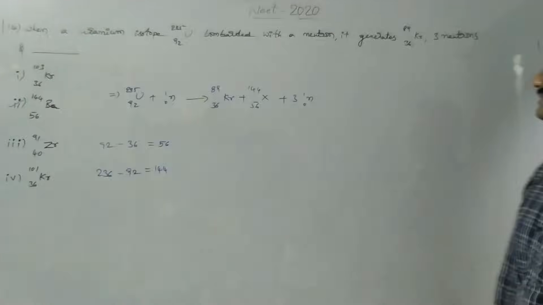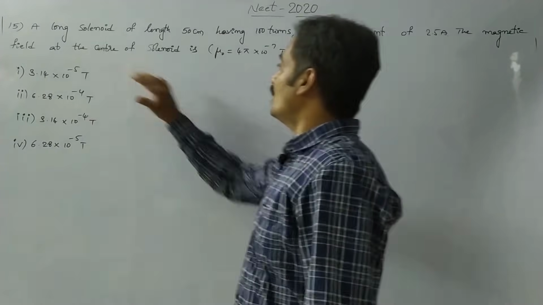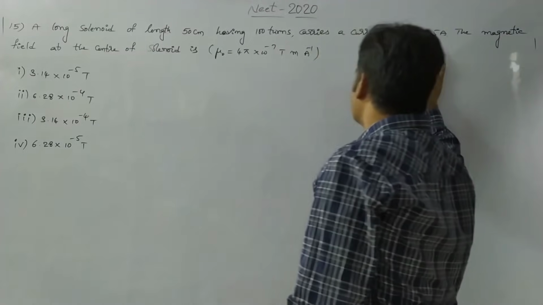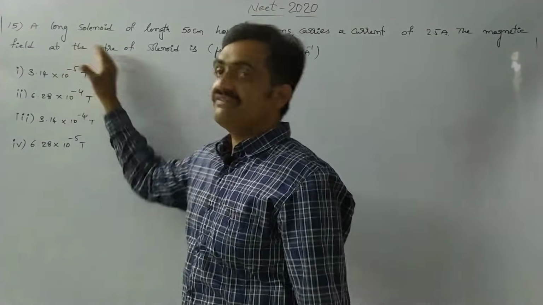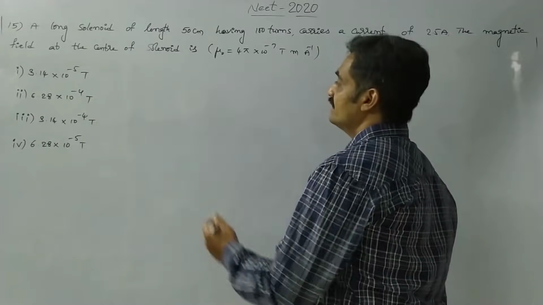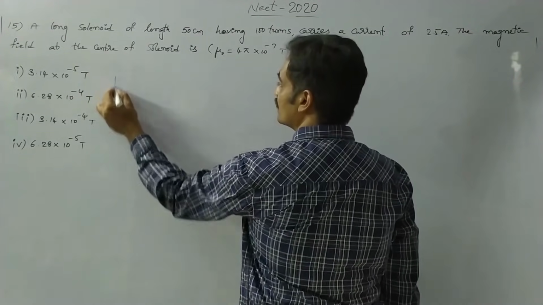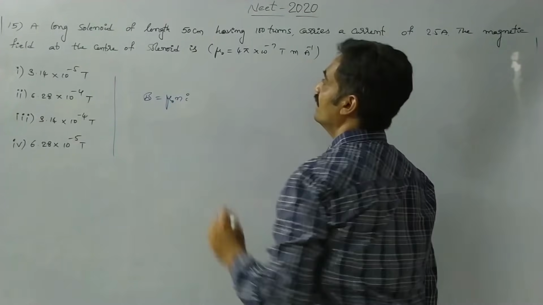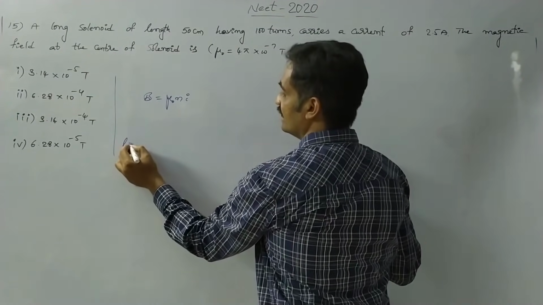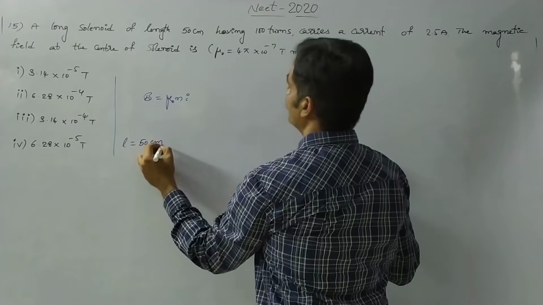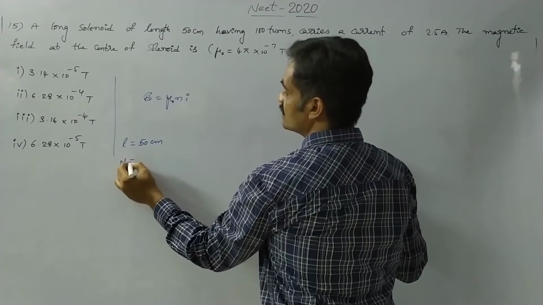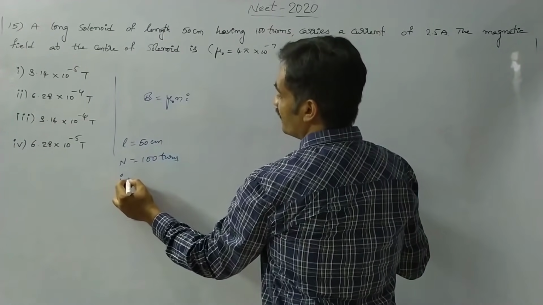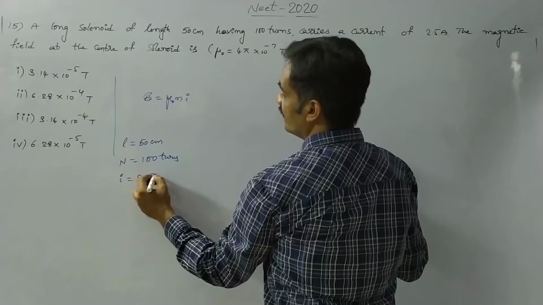We will continue. The next question is: a long solenoid of length 50 cm having 100 turns carries a current of 2.5 ampere. The magnetic field at the center of the solenoid is. Here the magnetic field at the center of the solenoid is given as B = μ0 n i, where length L = 50 cm, N = 100 turns, and the current passing through the solenoid is 2.5 ampere.